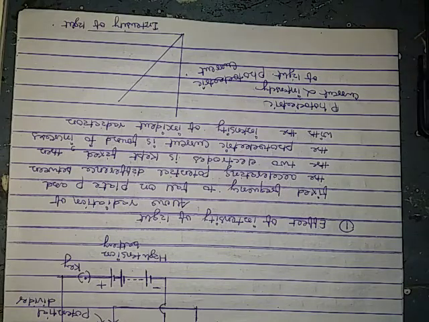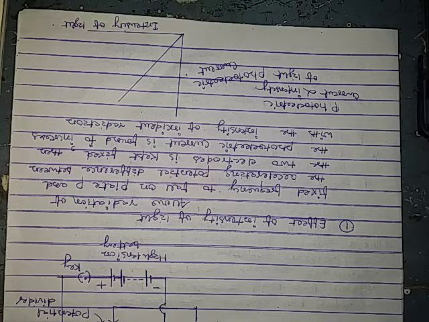Allow radiation of fixed frequency to fall on plate P, and the accelerating potential difference between the two electrodes is kept fixed.